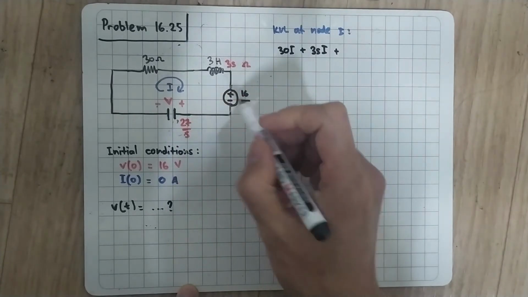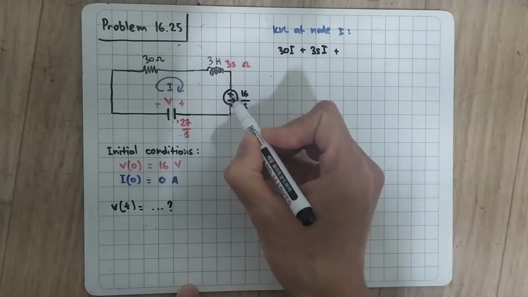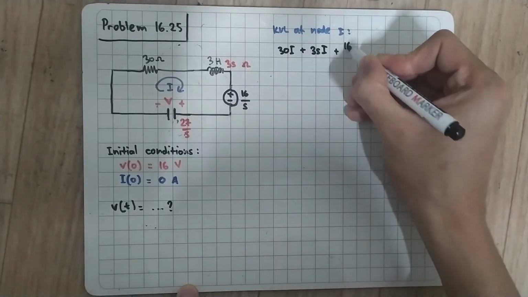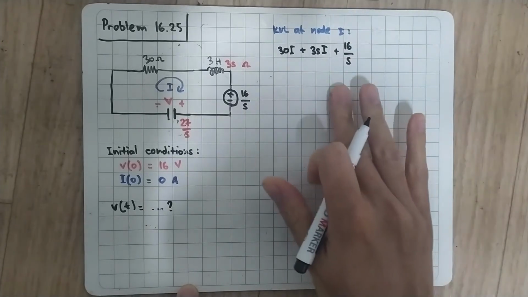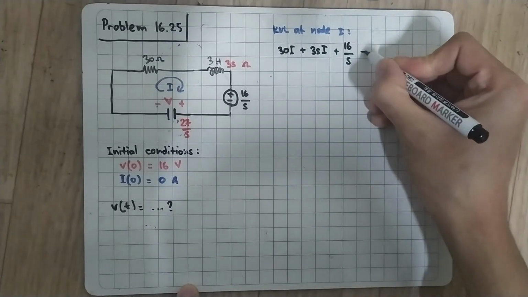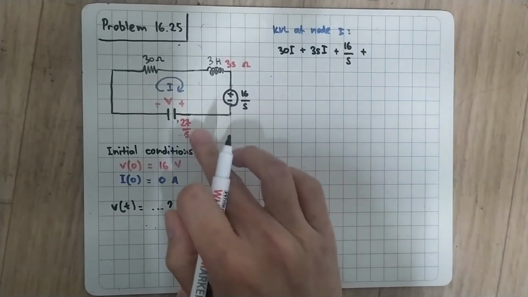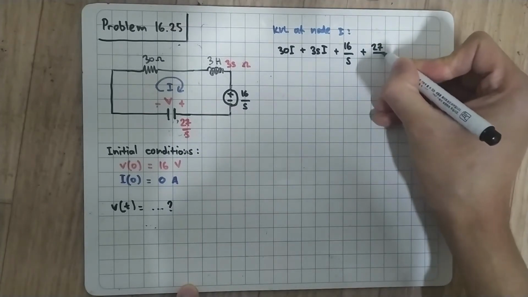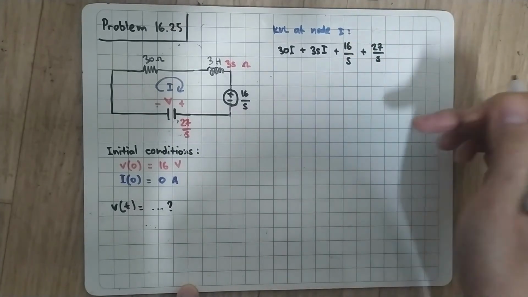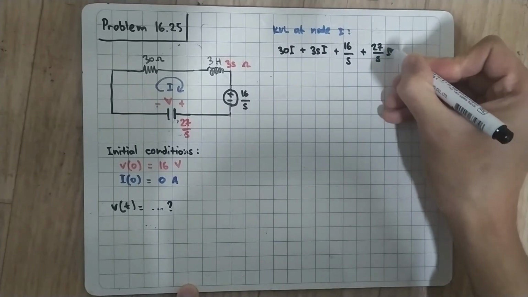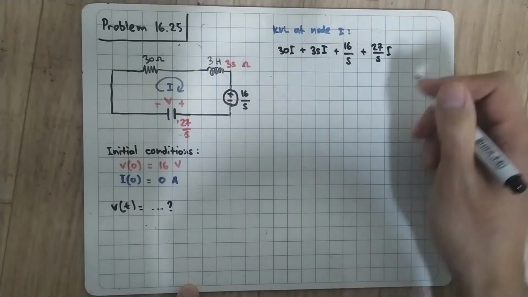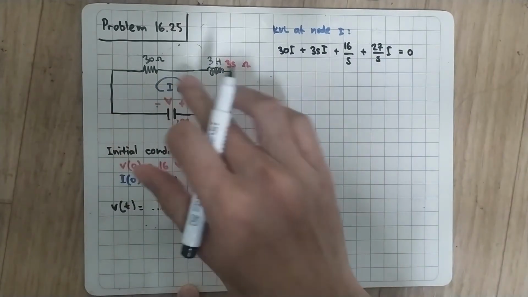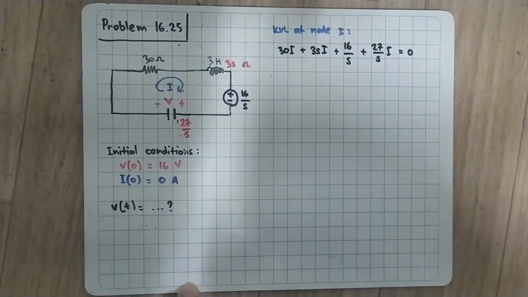The current here flows from positive to negative, so our sign will be positive, and the value is 16 over S, and then plus one more value, which is 27 over S, and we need to multiply it by I, and all of this will equal 0. The sum of voltage in a loop will equal 0.